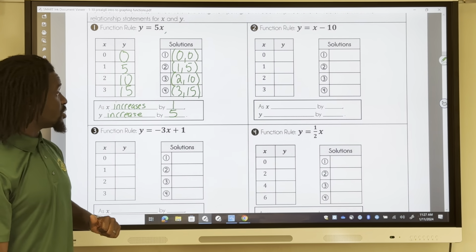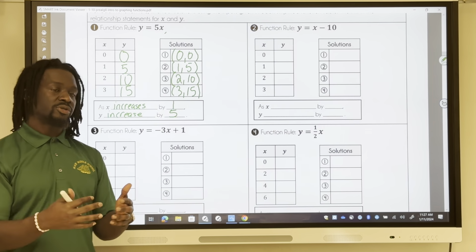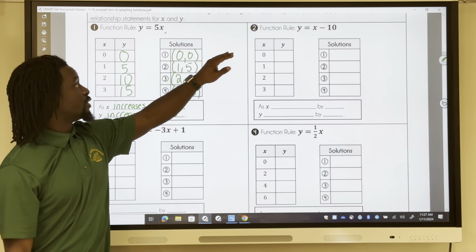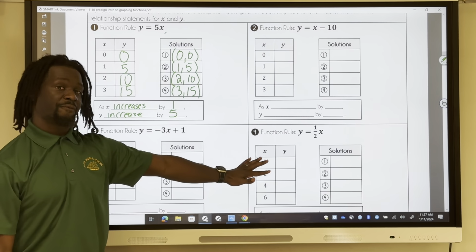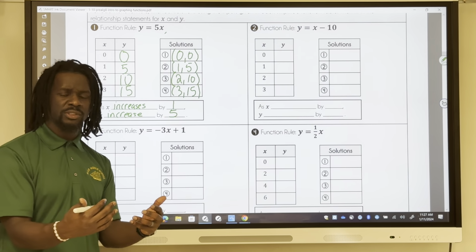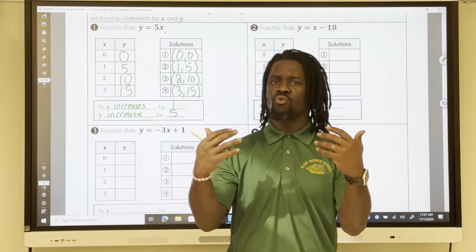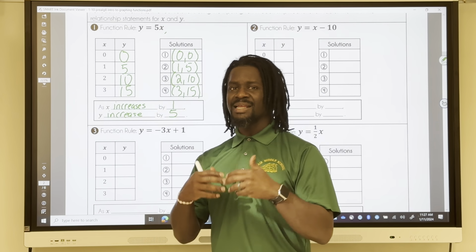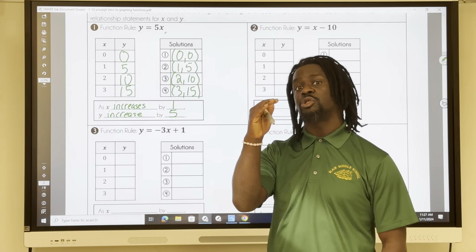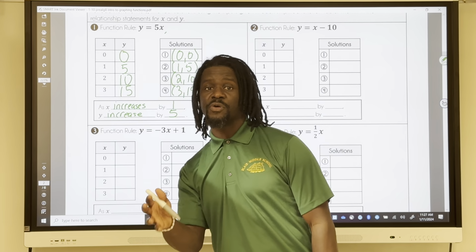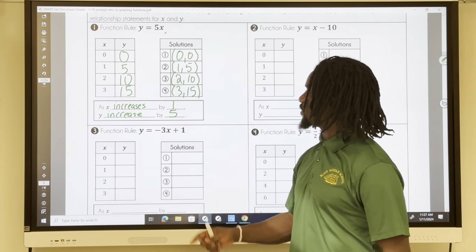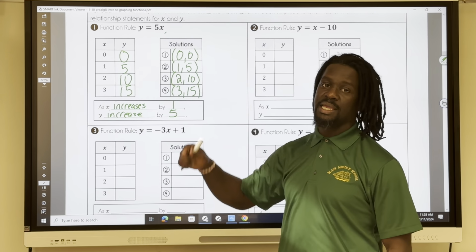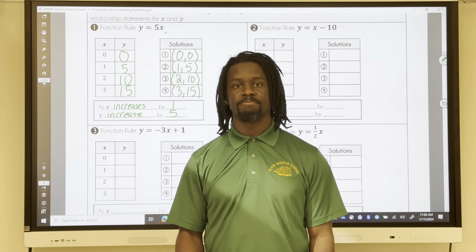So what I want you to do for the remainder of your time is do number 2, number 3, and number 4. If you have any questions, raise your hand. I'd love to help you, but I do want you to attempt to solve them first before you ask any questions, using this example and the previous example. Good luck.